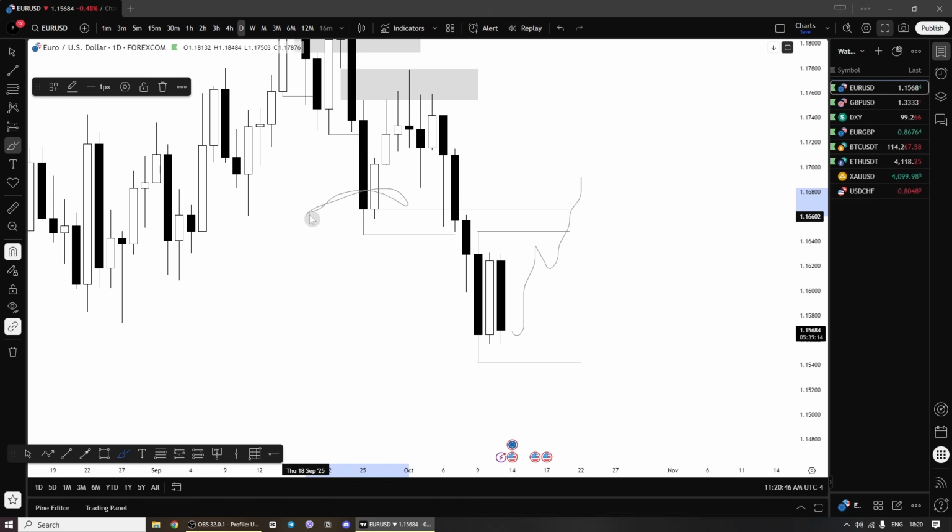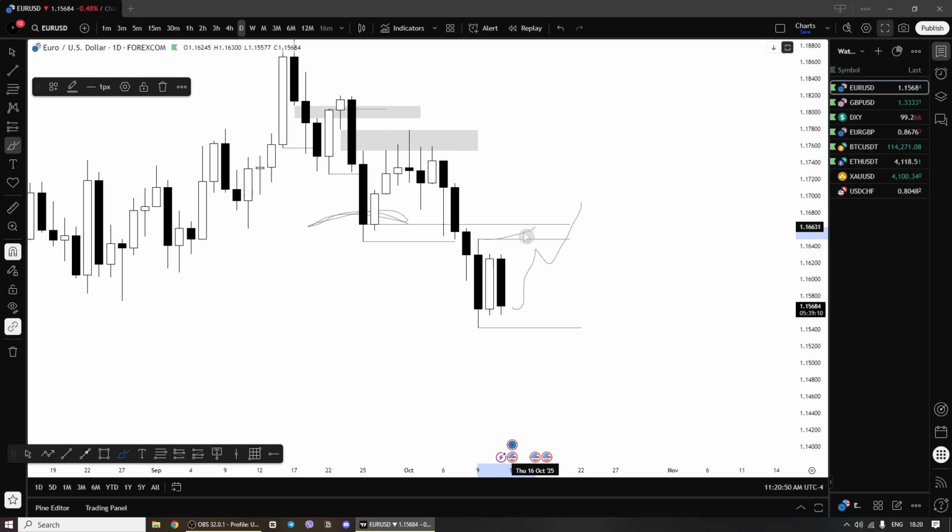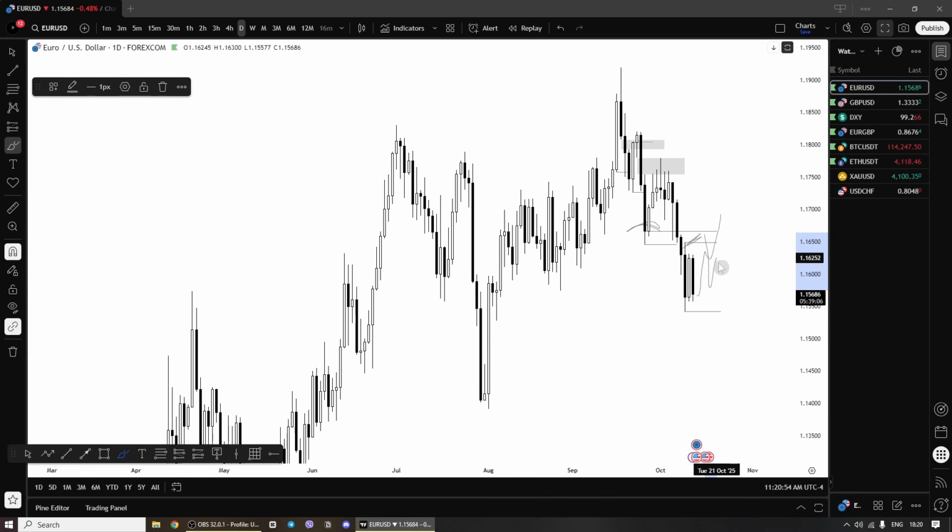Tap this as internal liquidity pool, SMT with GU. If possible, this will be perfect, and then go down into SMT right here to start the move up.